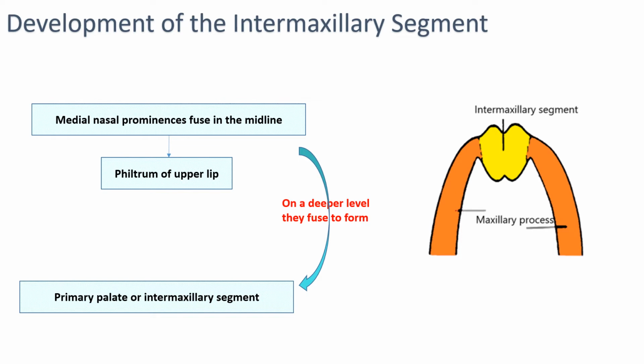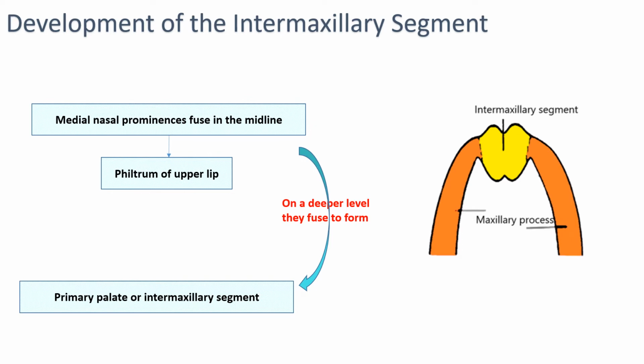This merger forms not just the philtrum of the lips, if you remember, but on a deeper level, the maxillary prominences and the medial nasal prominences actually fuse to form what is known as the intermaxillary segment. So let's take a more zoomed in look specifically at this central portion called the intermaxillary segment.